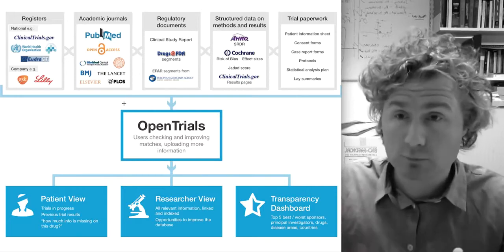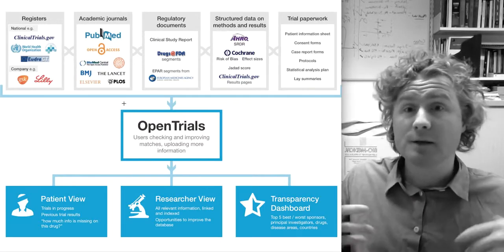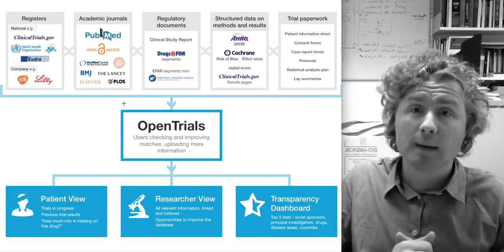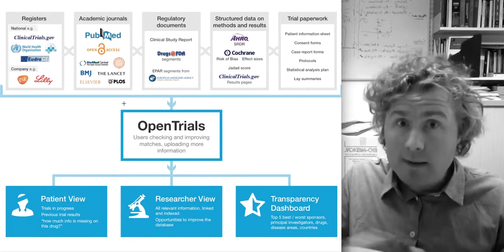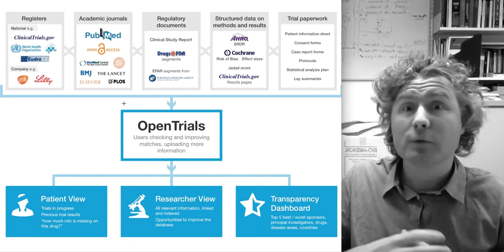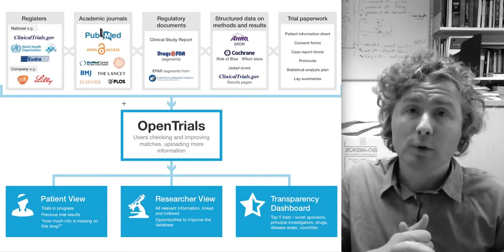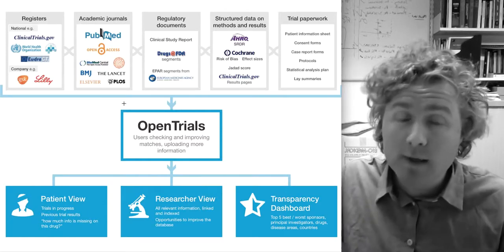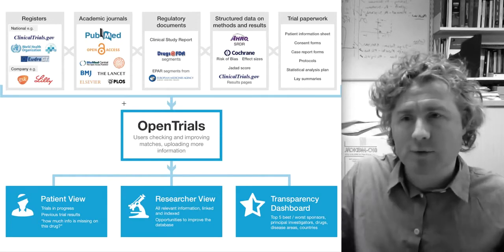Then the places where results are made available, like academic journals and regulatory documents. Then the structured data and documents on methods and results where they've been made available, and we'll go through those in detail later. And then lastly, the free text documents, which in our view should be routinely in the public domain, but often aren't, are often actively withheld, but also there's nowhere for them to go at the moment. So we'll start with registries.